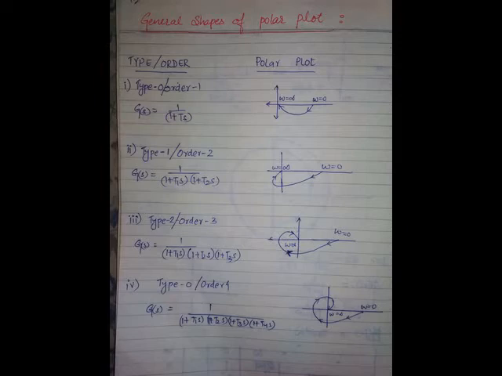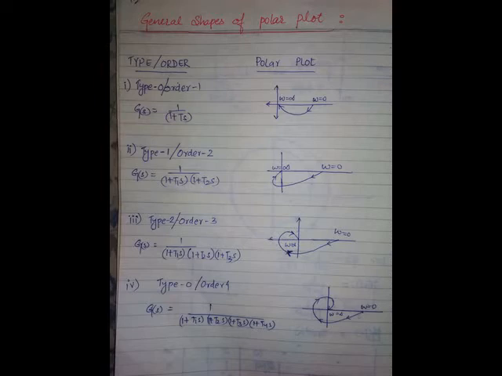When omega is 0, the type 1 plot starts from infinite magnitude at an angle of minus 90. But here, because the angle is not changing, directly this line itself will be the polar plot.